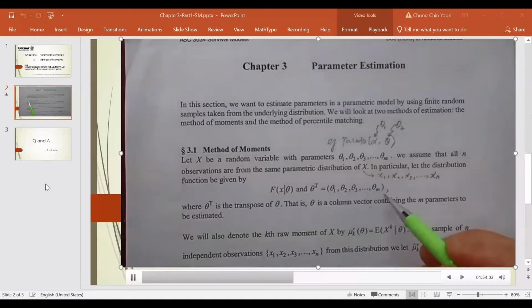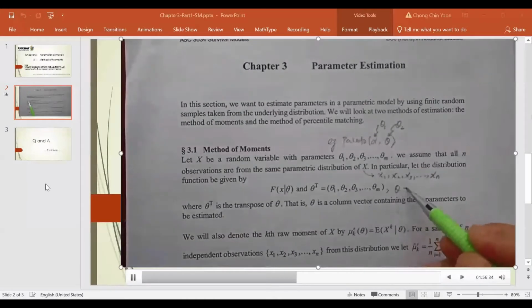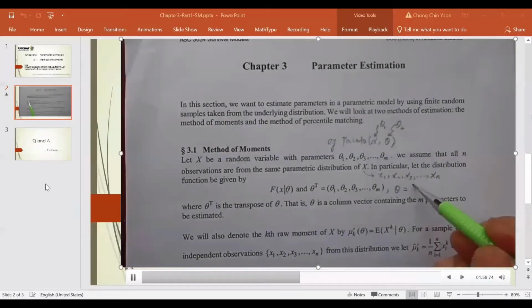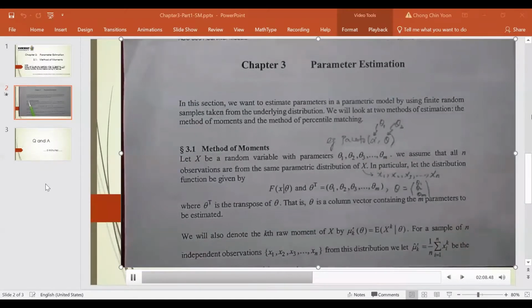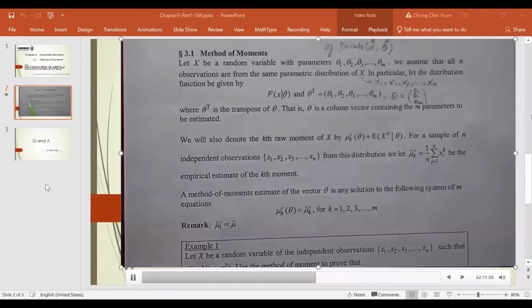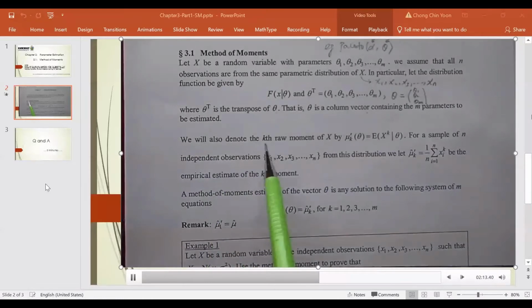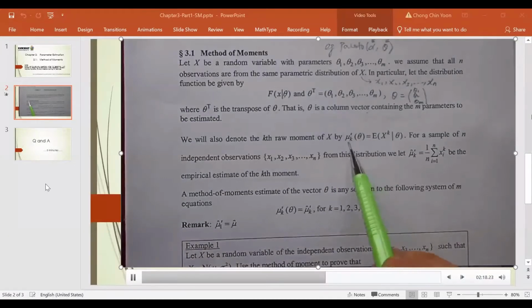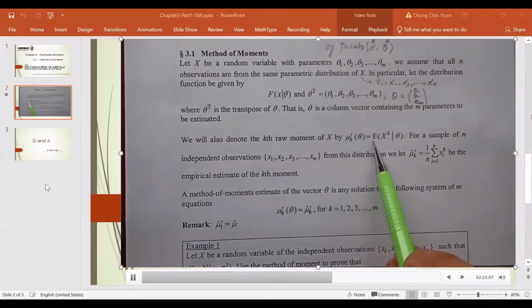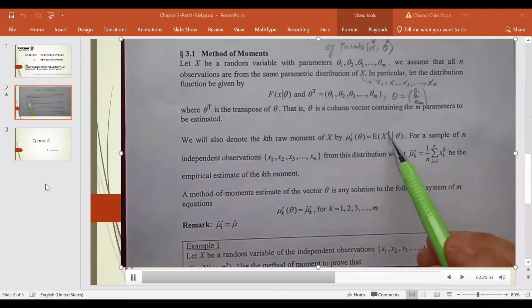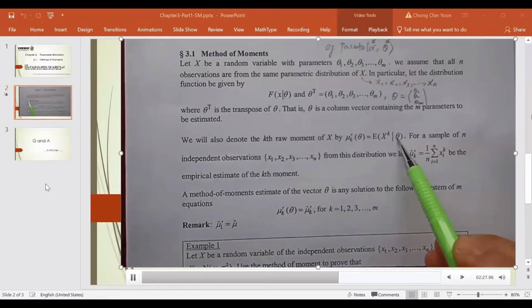That is, we have theta 1, theta 2 until theta m. We will also denote the k-th raw moment of X by mu k prime of theta, which is equal to the expected value of X to the power k given the parameter theta.